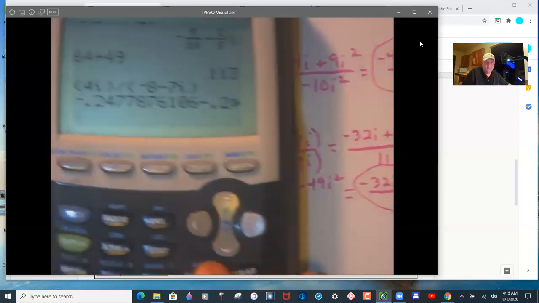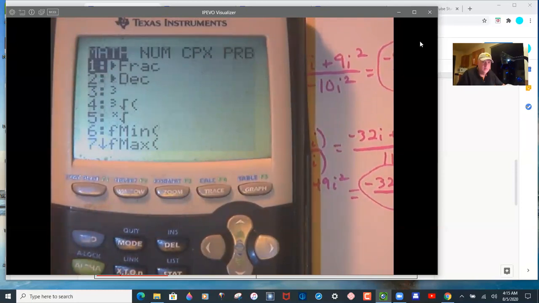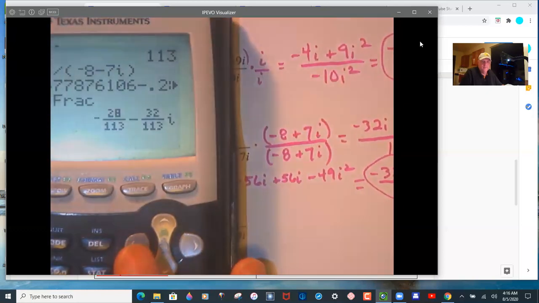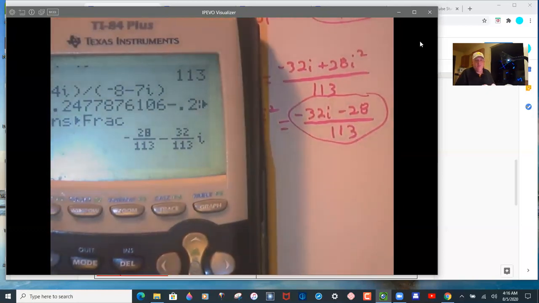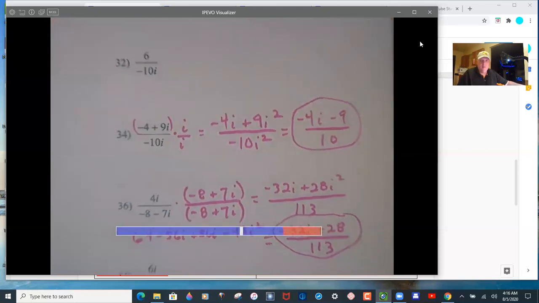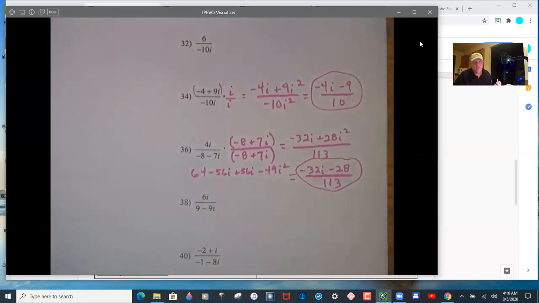Then it throws that decimal out like that, and then just use your 2-frac key, and then you see it will generate that. Again, not terribly important, but they're on the assignment. You can try a couple, but I would definitely check them. Any calculator that has an i key on it, you should be able to do this. You should be able to do this with the online calculator also.